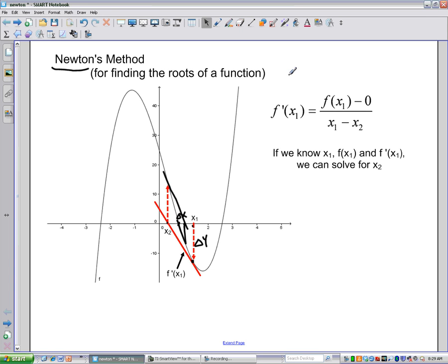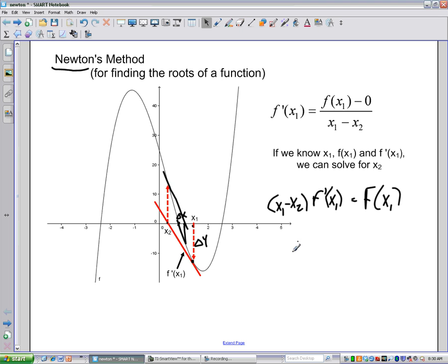So let's solve this equation for x2. What I'm going to do is multiply both sides by x1 minus x2. So this becomes x1 minus x2 times f prime of x sub 1 equals f of x sub 1. I don't need the 0, right?